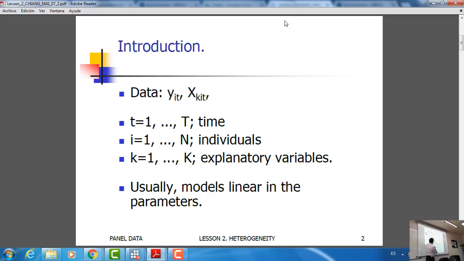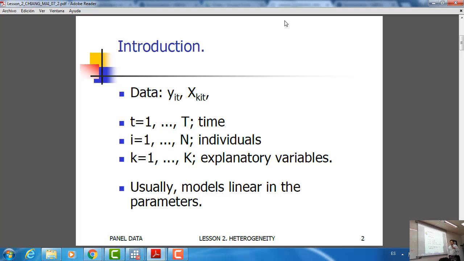Y_it, Y sub lowercase i, lowercase t, and then t goes from 1 to uppercase T, i goes from 1 to uppercase N, k goes from 1 to uppercase K. So there are K explanatory variables. And the explanatory variables are slopes, and they do not include constants.